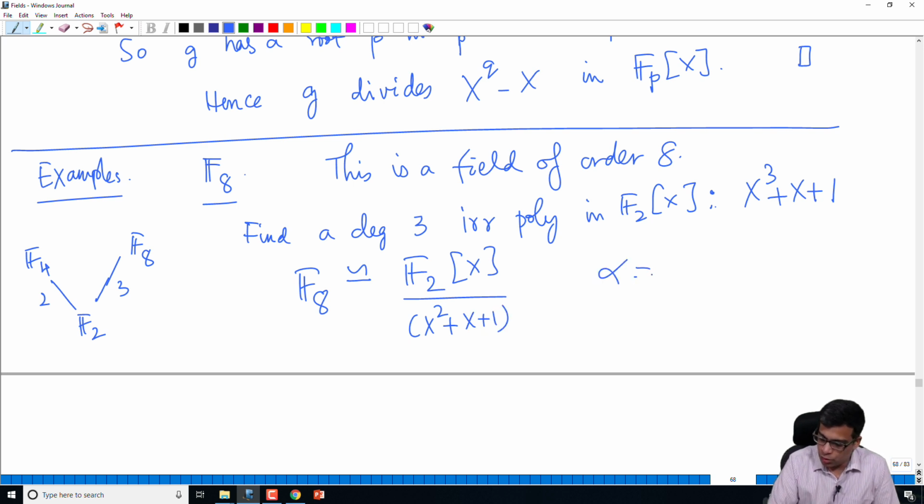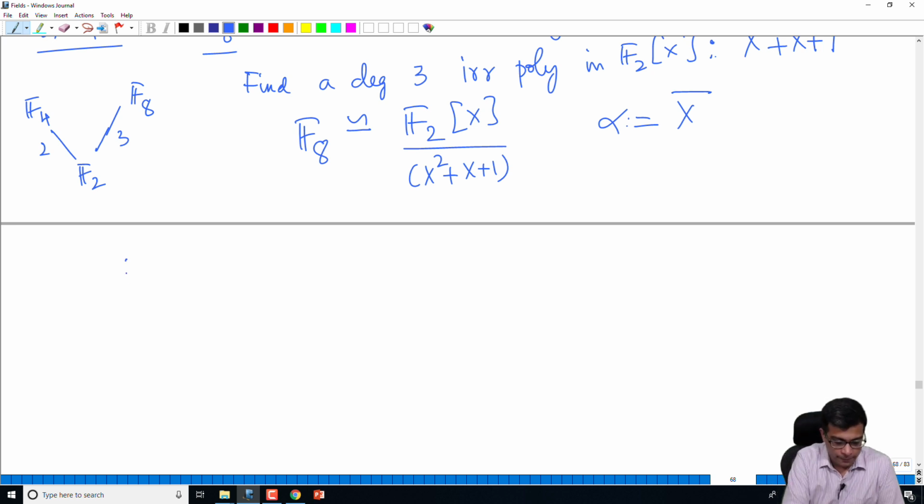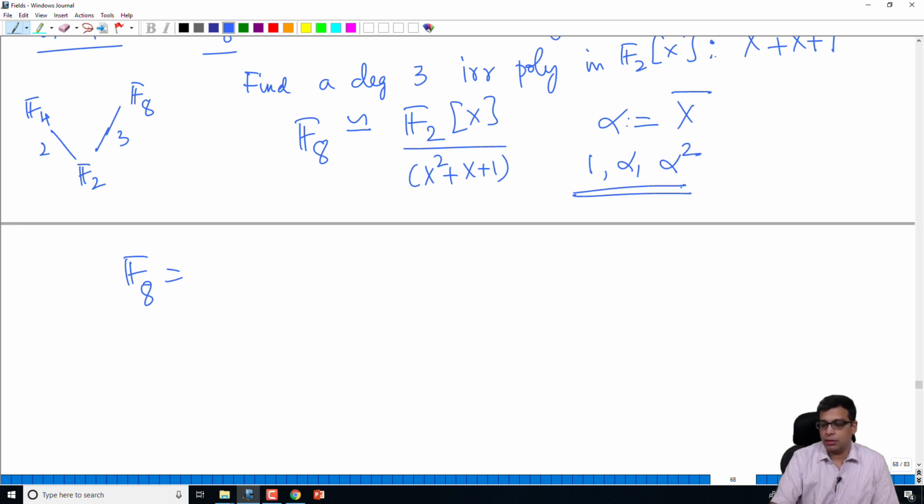So if you, as before, declare alpha to be x bar, there will be 8 elements, remember. There will be 8 elements which correspond to how you put coefficients in front of these 3 basis elements. So I am going to just list them in some order. You will have 0, 1, alpha, alpha plus 1.